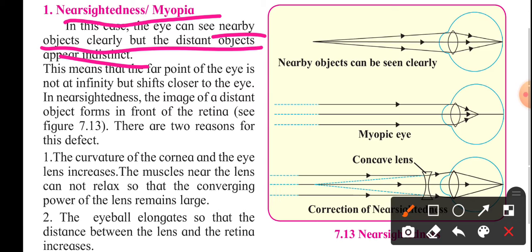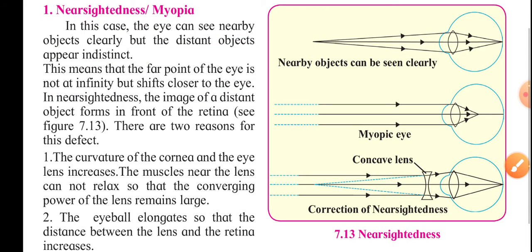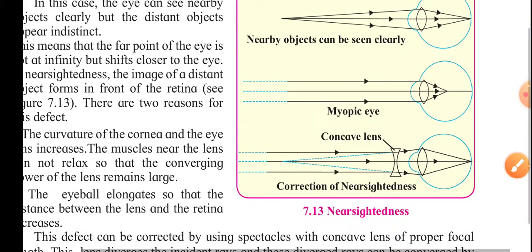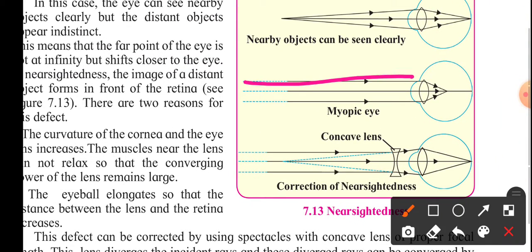Further, this means the far point of the eye is not at infinity but shifts closer to the eye. What exactly is happening? If the object is at a far distance, the image forms before the retina. You can see it is converging before the retina.